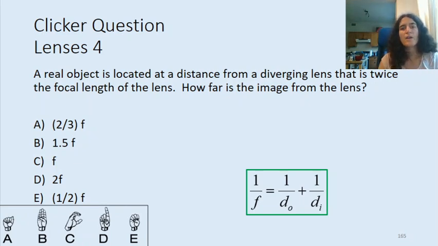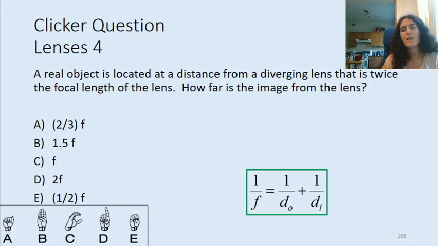It says a real object is located a distance from a diverging lens that is twice the focal length of the lens. How far is the image from the lens? So it's saying that it's a diverging lens, so the focal length is negative, but that the object distance is twice the focal length.